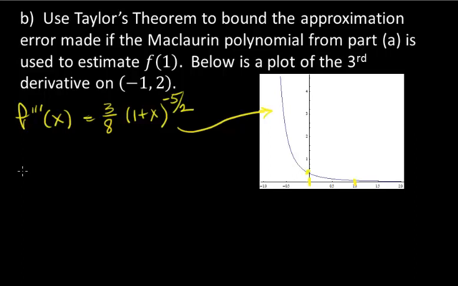So f triple prime of minus 0.1 using your calculator is 0.488. So I'm using this number right here as an upper bound on the derivative.